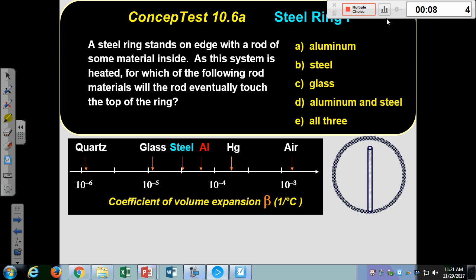And then I want to heat, and then I have some material, a bar, some material in between. I want to heat up this whole thing so that eventually this bar touches the steel ring. But people do this. They make systems that don't fit together when they're at some temperature, but then they do fit together when they're at different temperature. What material must this be in order for that to happen?